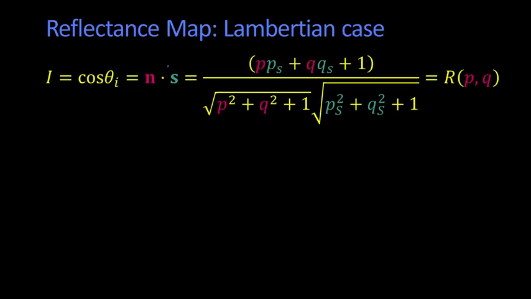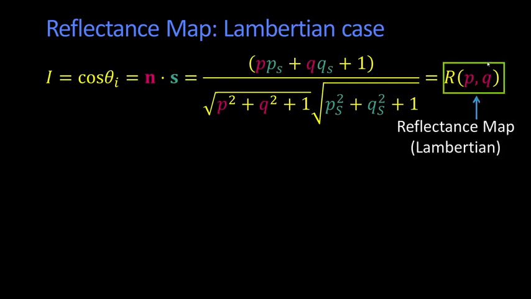The purple is the surface normal, the green is the direction towards the illuminant. The dot product that we showed before is P times PS plus Q times QS plus 1, over the normalization. We refer to that as R of PQ, the reflectance map in this Lambertian case.